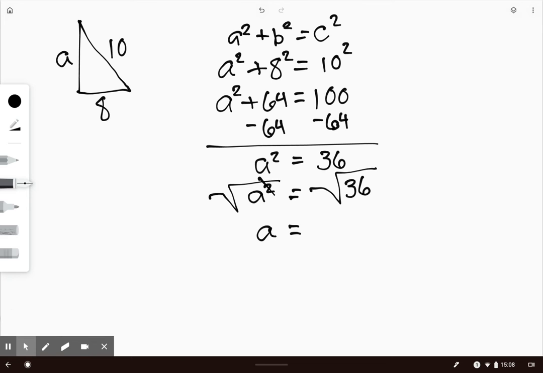And I know that since 36 is one of my perfect squares, 6 times 6 is 36, so A equals 6. So the lengths of my sides for this right triangle are going to be 6, 8, and 10. And you'll notice as well that my hypotenuse, 10, is the longest side.